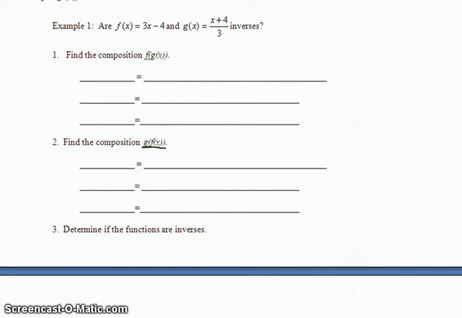So I'm going to put f out and put that big parenthesis down, and then I've got 3, and I'm going to put a big parenthesis down, minus 4, and I'm going to substitute g.